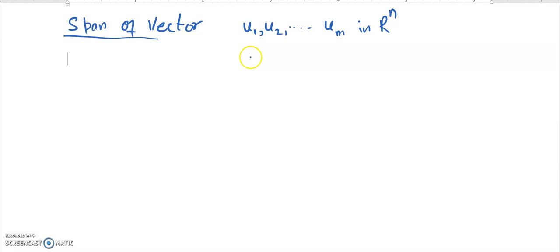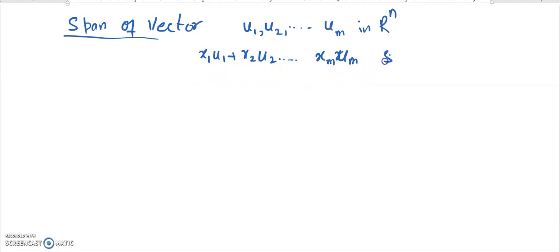Okay, so then the set of all possible linear combinations x1 u1 plus x2 u2 plus ... plus xm um, where x1, x2 and xm are real numbers, will be called the span of the set.